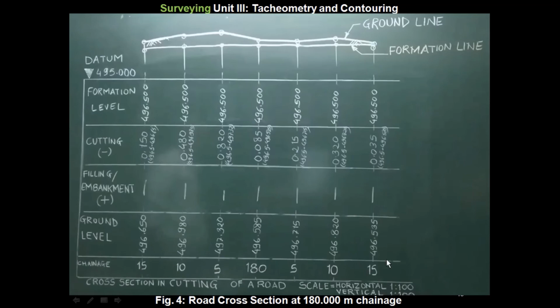Ground level is here, then the filling or embankment positive values, then the cutting negative values are written here, then the formation level is written here, then the datum we have to consider and it has to be drawn. The line above is the ground line and the line below is the formation level or the formation line. This is the cross section.